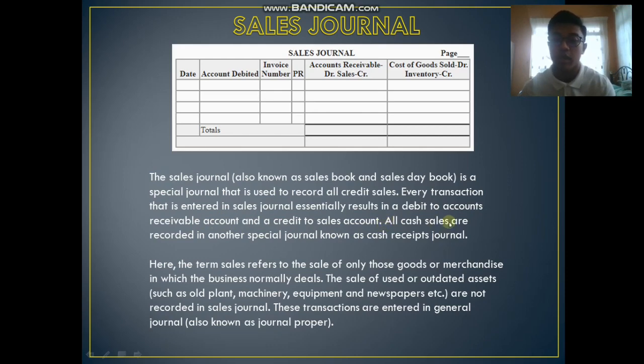But all cash sales are recorded in another special journal known as Cash Receipts Journal. Here, the term sales refers to the sale of only those goods or merchandise in which the business normally deals. The sale of used or outdated assets such as old plant, machinery, equipment, and newspapers are not recorded in sales journal.